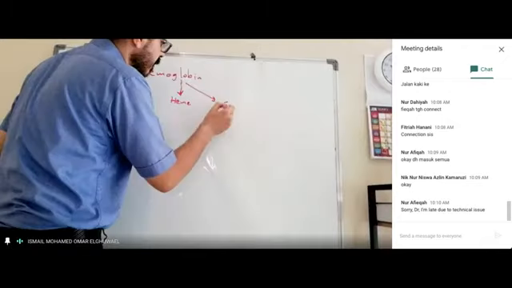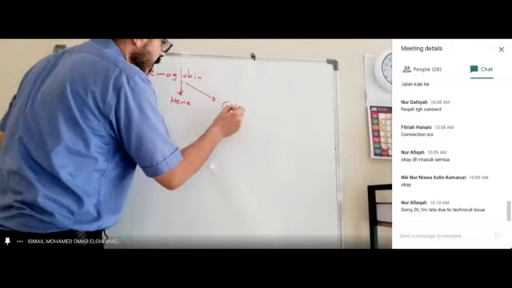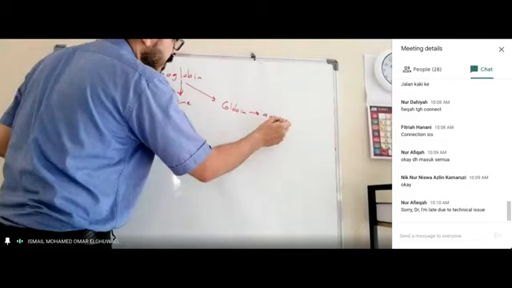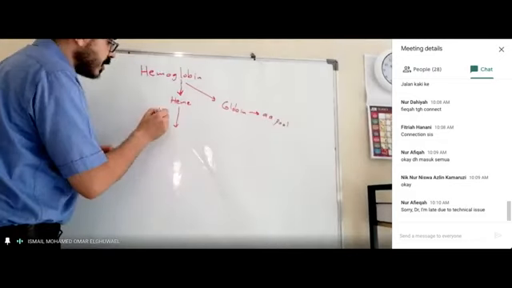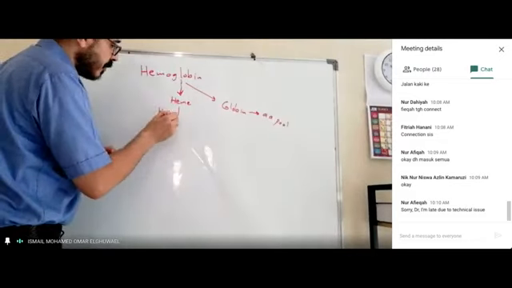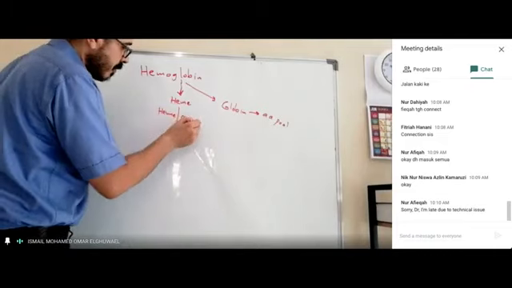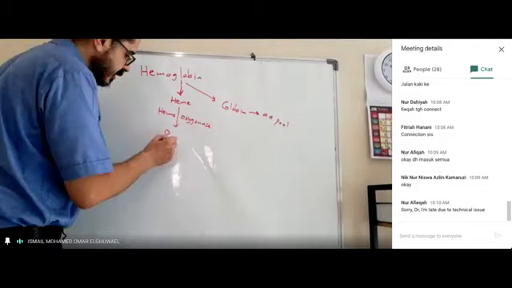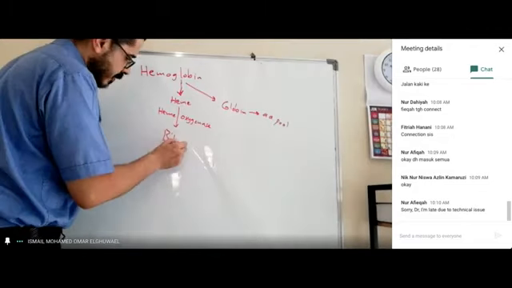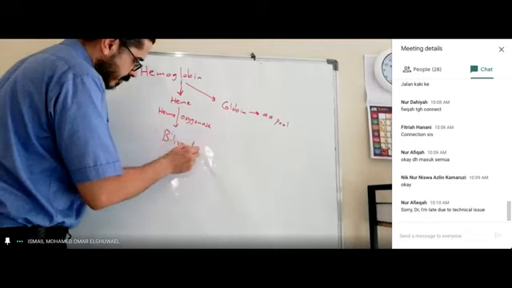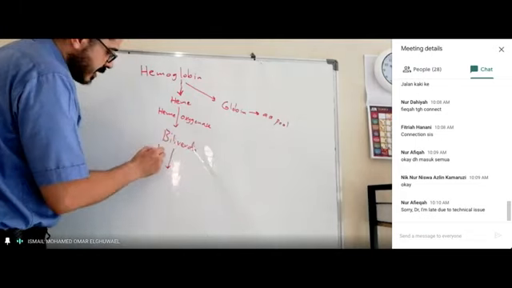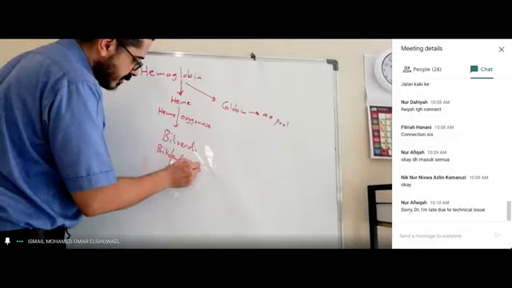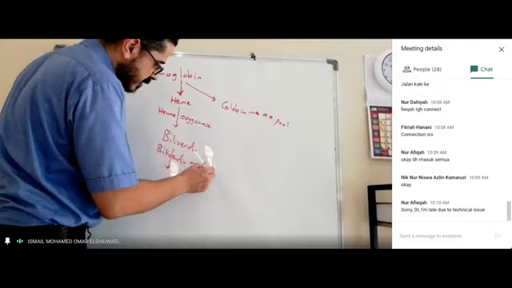Globin goes to the amino acid pool. Heme goes to heme oxygenase. Heme oxygenase will give us biliverdin. Then we have the enzyme biliverdin reductase. Reductase will give us bilirubin.